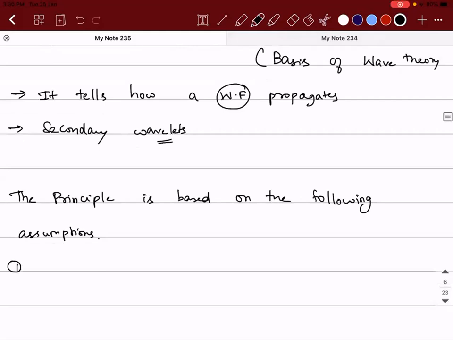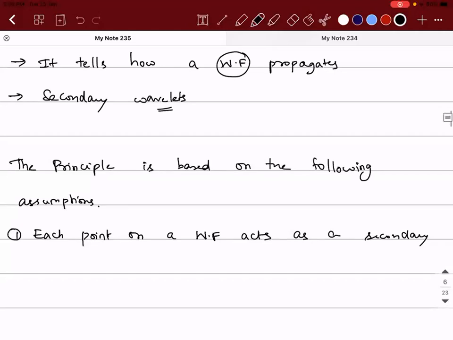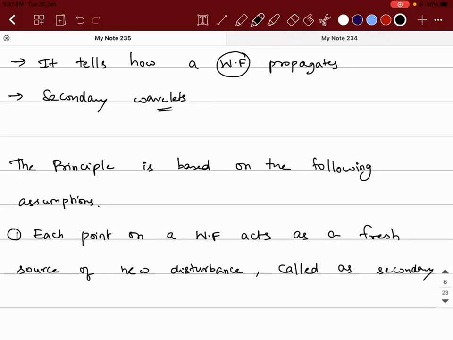So first, each point on a wavefront acts as a fresh source of new disturbance, which is called as secondary waves or wavelets.